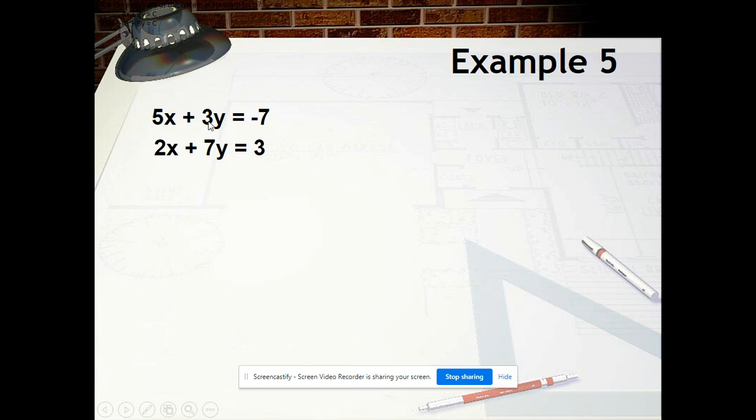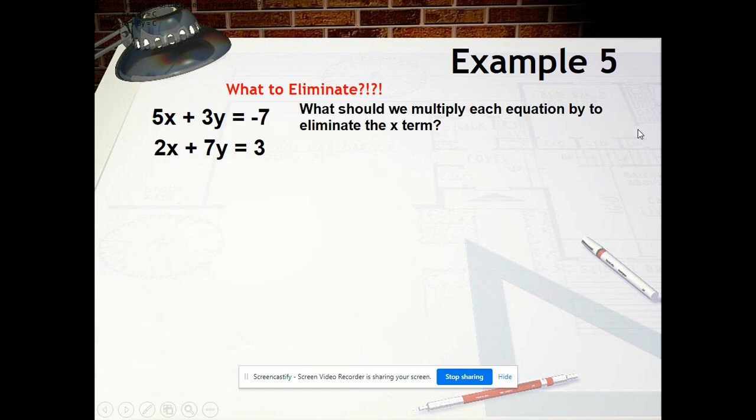If we wanted the y, then we need the 3 and 7 to be the same. So this time we are going to multiply the top and the bottom by different numbers so that we can eliminate a variable. If I wanted to eliminate the x, I have to think what should I multiply to the top one and what should I multiply to the bottom one to get the same product.